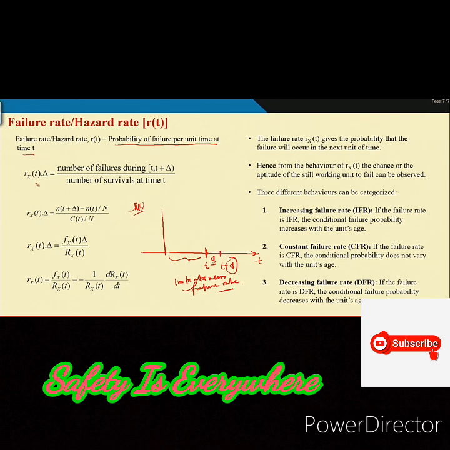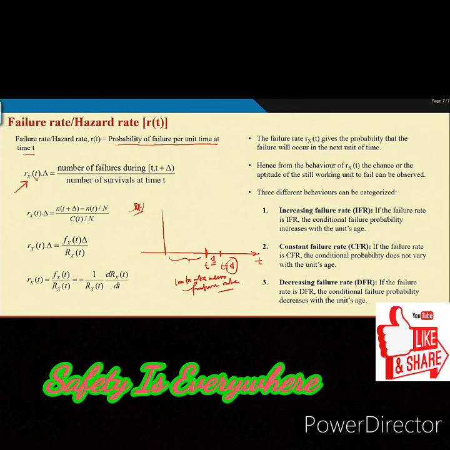Then by this definition, if we denote that h(t) is the hazard rate, it is the number of failures during this period of time, and we are saying that per unit time.